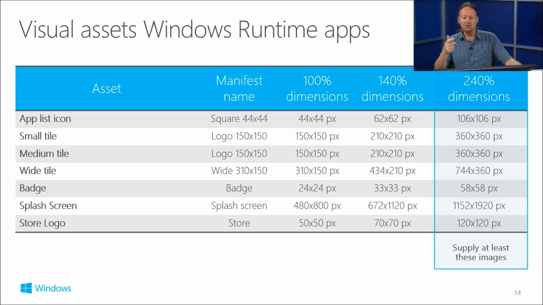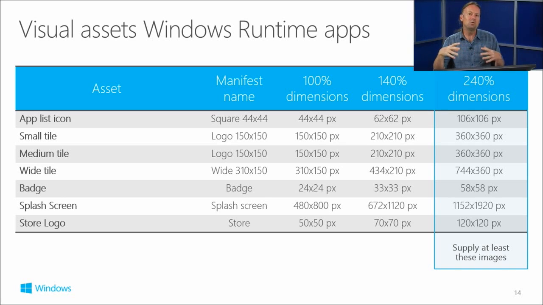Just to remind you, if you're wondering what I'm talking about with scale factors, it actually relates to the physical size of the device. The scaling factor is a complicated calculation that looks at the actual resolution of the device, the physical size of the device and the viewing distance. But essentially, all you need to know is that the scale factor that gets applied roughly aligns to the physical size of the device.